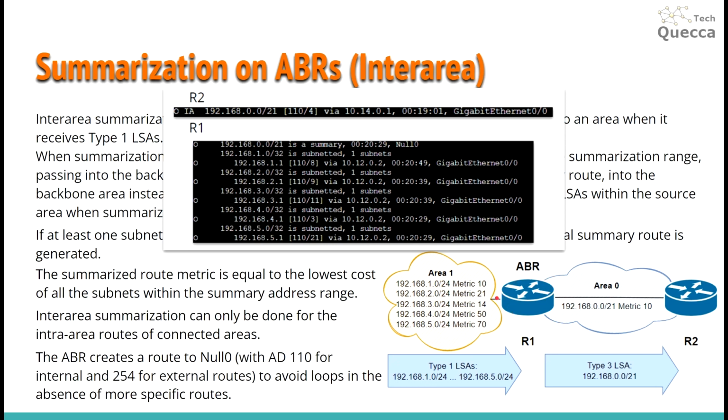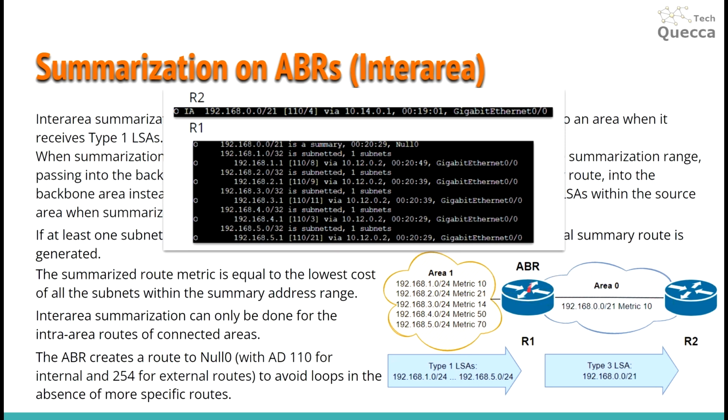If there is no null interface configured on R1 and there is a default route pointing to R2, then for example R2 sends a packet to network, let's say, 192.168.6.1. The ABR doesn't know anything about that network because it's not listed in its routing table, and it has a default route. It will send that packet back to R2. R2 again has a default route to this subnet and forwards it back to R1.